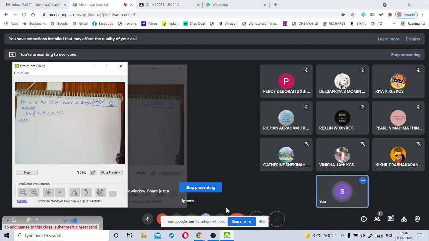When you are representing a set in the roster form, these 2 points should be remembered. We have to remember these 2 points.